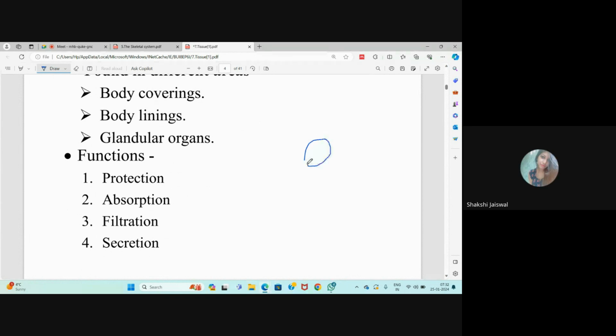Did you say the intestine is an example of a body lining? Yes, we can say that.